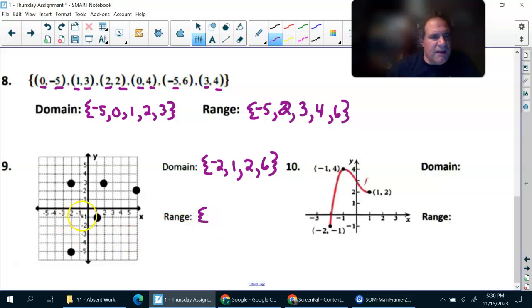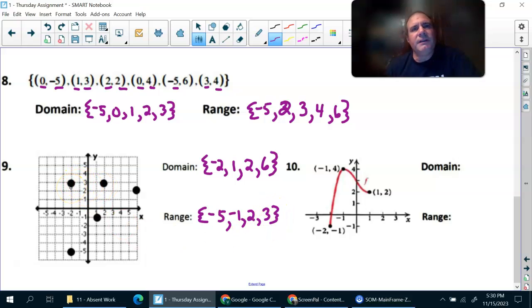Then we're going to list the y values. So we're going to go -5. That's the least, the lowest value on the y. Then we're going to go up to -1 on the y. Then we're going to go up to 2. See 2 on the y. And then 3 occurs twice, but we're only going to list it once.